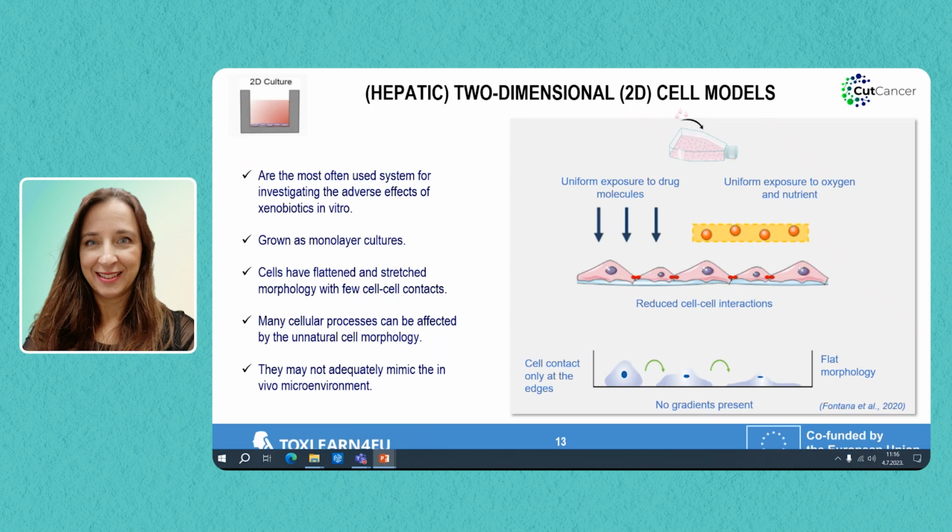They have a flattened, stretched morphology. Due to this unnatural morphology, many cellular processes are affected and do not reflect the natural end result, and they also do not adequately mimic the in vivo microenvironment.